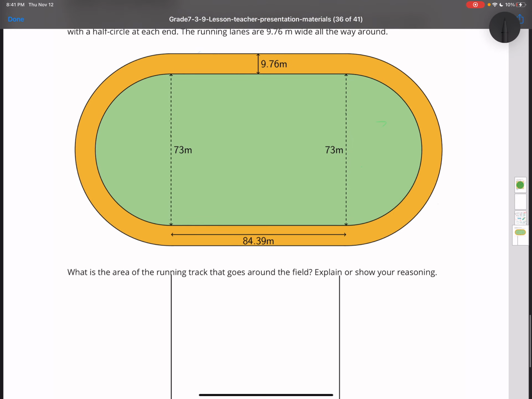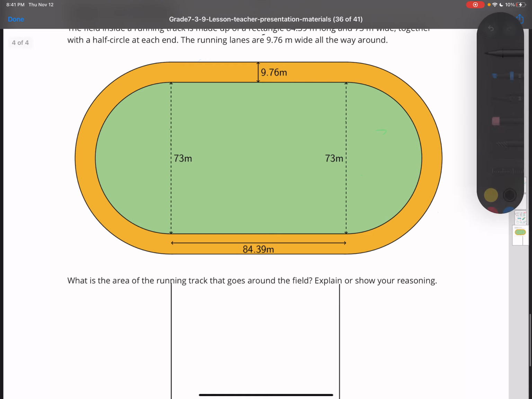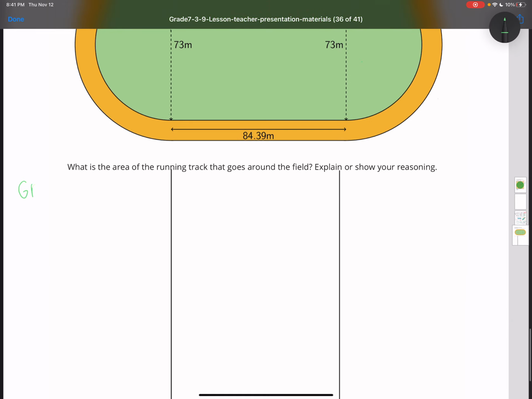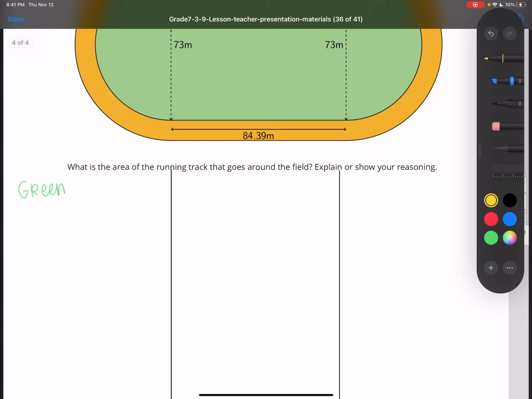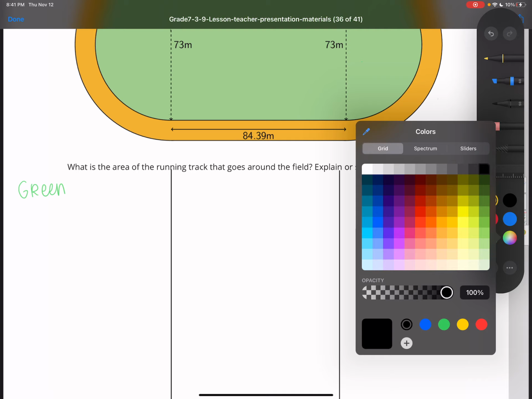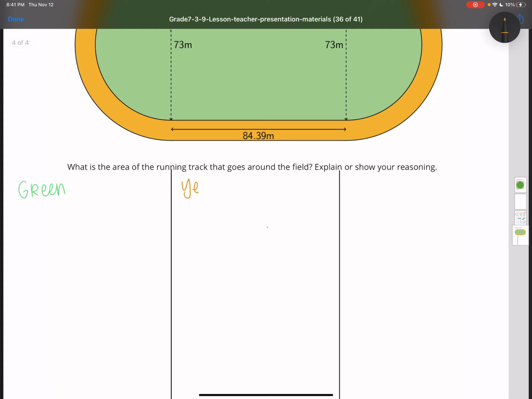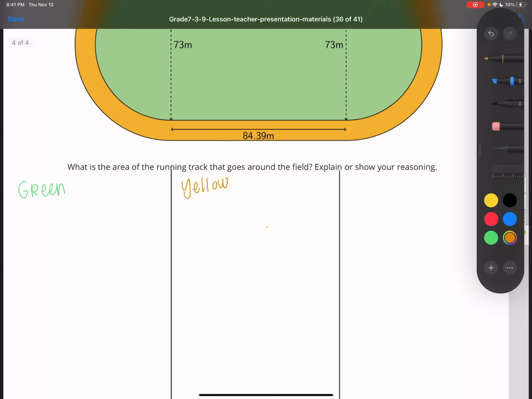I'm going to write in green when I find the area of the inner field. I'm going to write in a darker yellow, like a burnt orange, to describe the track. And then our final answer is going to be in black.